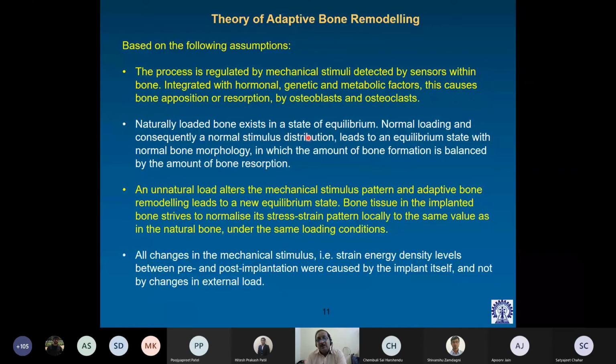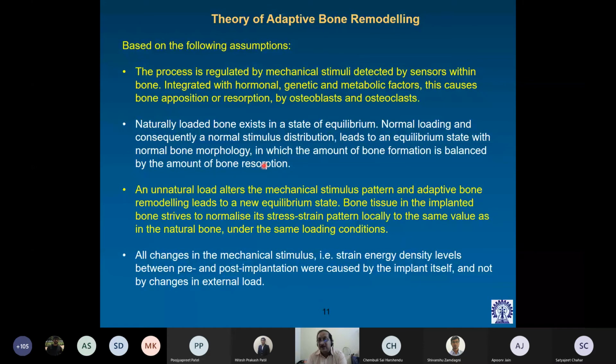Naturally loaded bone exists in a state of equilibrium, as I was explaining to you. Normal loading and consequently a normal stimulus distribution leads to an equilibrium state with normal bone morphology, in which the amount of bone formation is balanced by the amount of bone resorption.